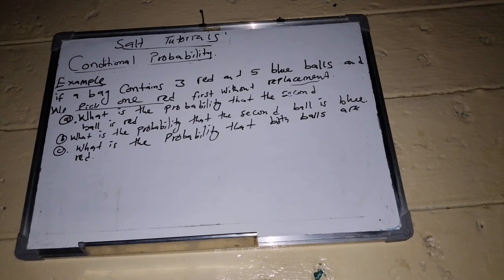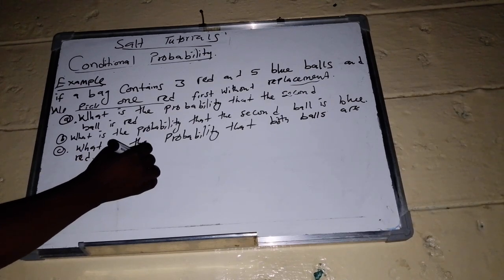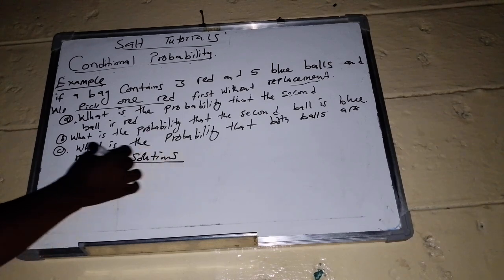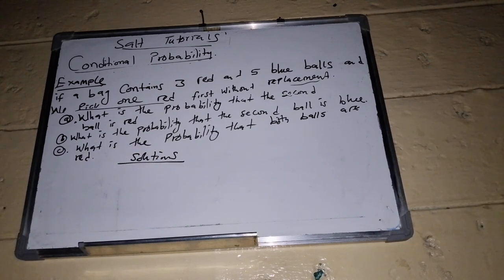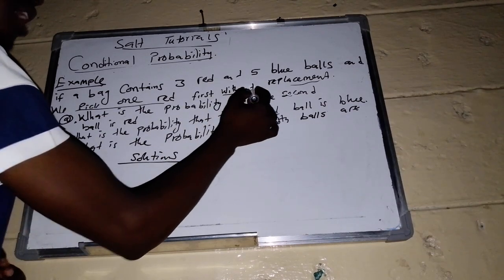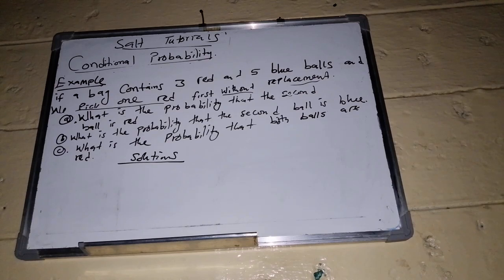So, answering question number 1, try to understand how these events are related. Remember, events can be independent or events can be dependent. In a situation whereby I'm picking something without replacement, the first event and the second event are basically dependent events, because it is not replaced, there are changes in probability.